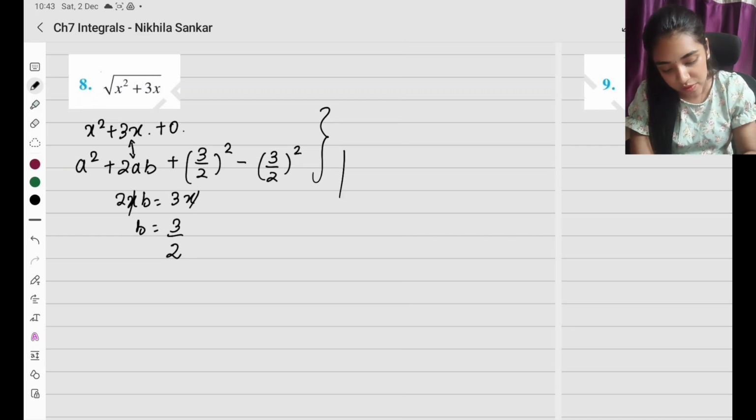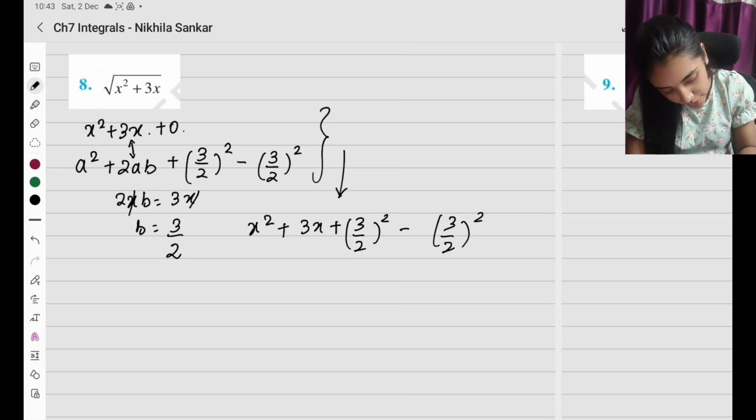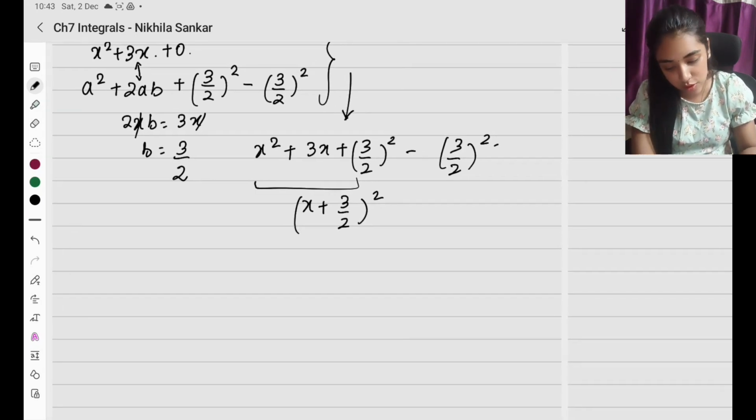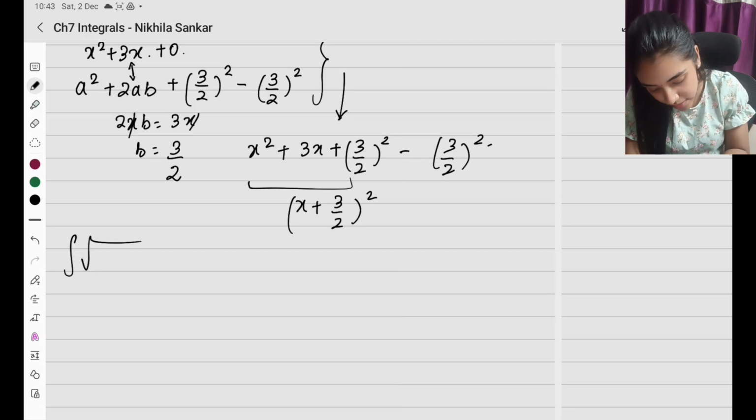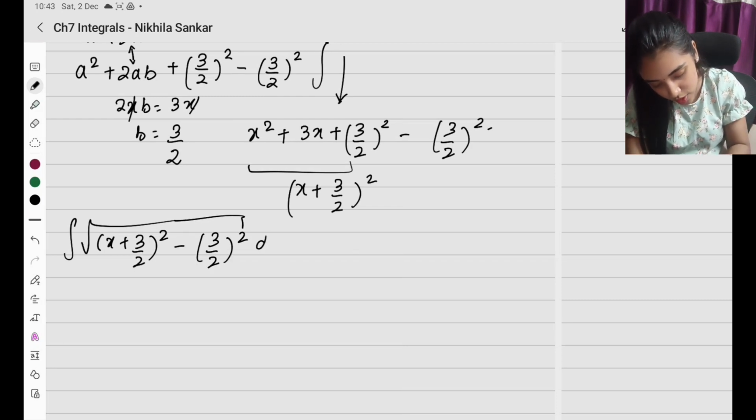So that's all. So this, when I compare, what do I have? X square plus 3x plus 3 by 2 the whole square minus 3 by 2 the whole square. So this is of the form x plus 3 by 2 the whole square, and this is 3 by 2 the whole square. So now what is the question? Integral square root of x plus 3 by 2 the whole square minus 3 by 2 the whole square dx.